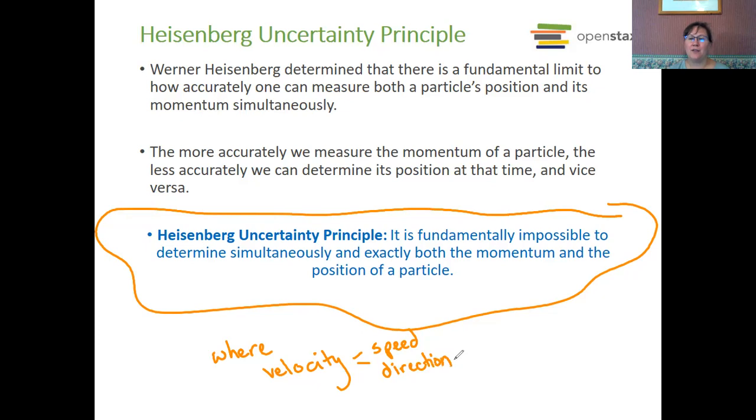If you take math and physics, you'll find out how velocity is actually a vector rather than just speed. Usually we use speed and velocity to mean the same thing. So this is where the electron is and what its velocity is, and we can't know these two things at the same time. Sometimes people will describe the Heisenberg uncertainty principle as where it is and how fast it's going, just as a way to make it a simple understanding.